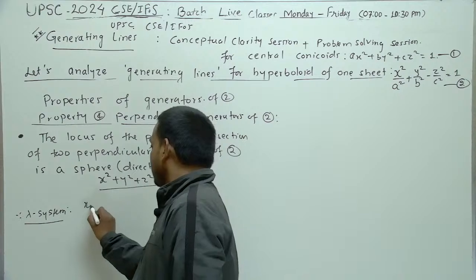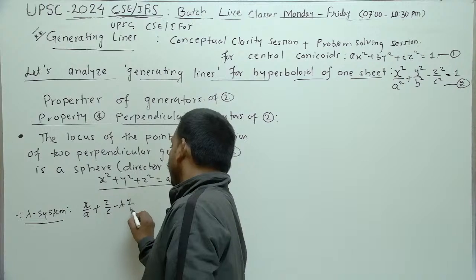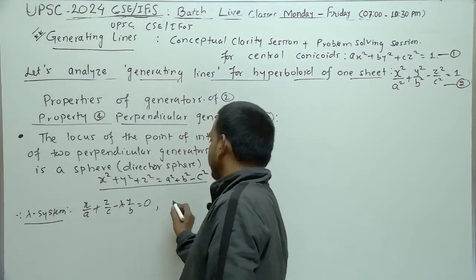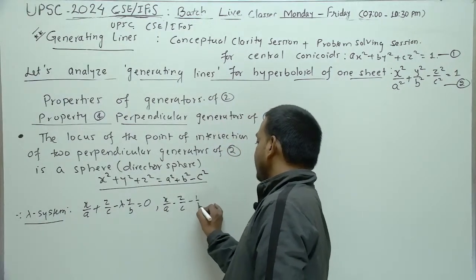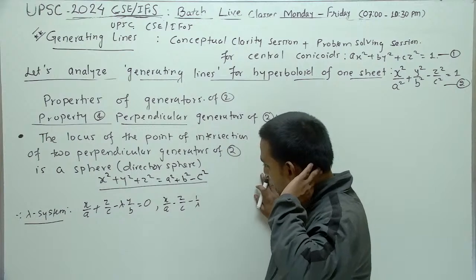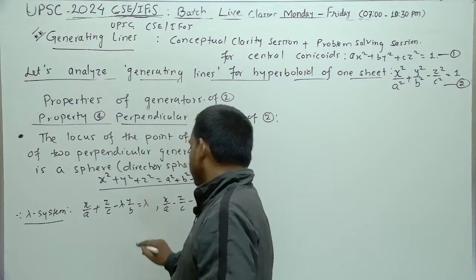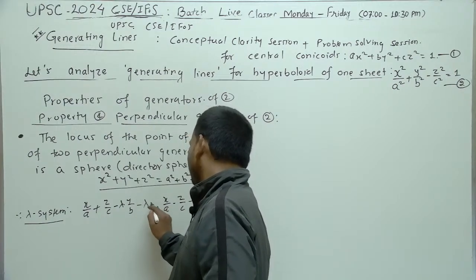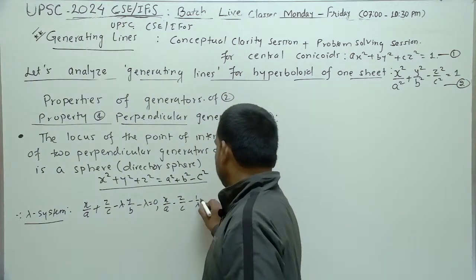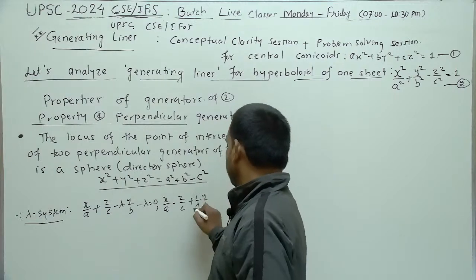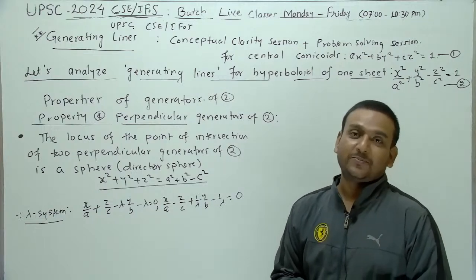So what are the system? x upon a plus z upon c minus lambda into y upon b equals to 0. अगला वाला क्या होगा? x अपॉन a माइनस z अपॉन c माइनस 1 अपॉन लैम्डा. एक मिनट ना, सिस्टम क्या था वहां पर? लैम्डा इंटू 1. सो दैट इज लैम्डा हियर. सो हियर यू कैन कॉल माइनस लैम्डा और इक्वल्स टू 0. सो हियर वी विल हैव माइनस 1 अपॉन लैम्डा, नहीं प्लस का हो जाएगा, और माइनस 1 अपॉन लैम्डा इक्वल्स टू 0. राइट और नॉट? रिजल्ट.